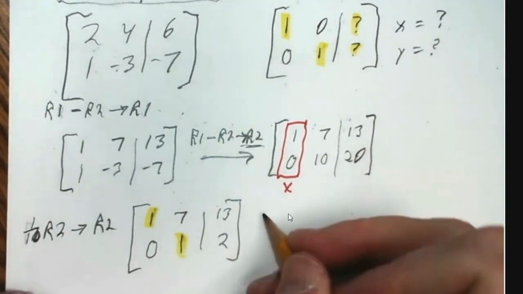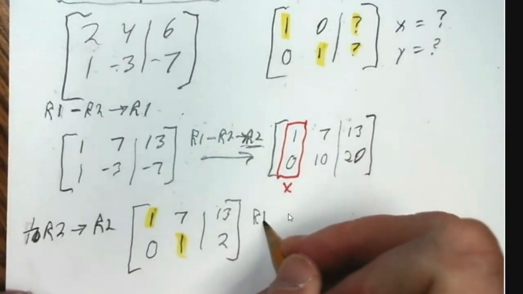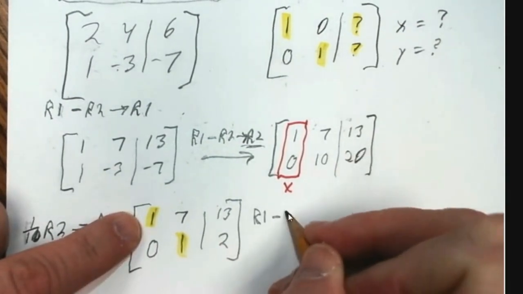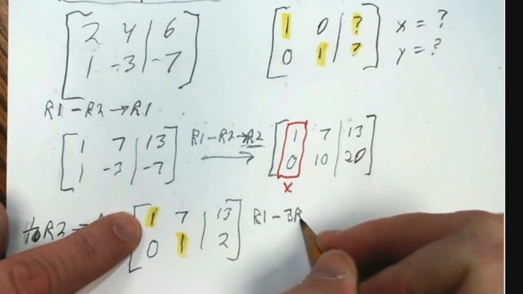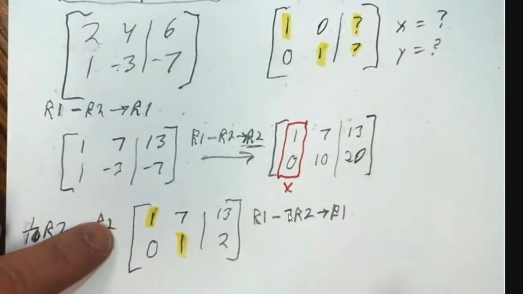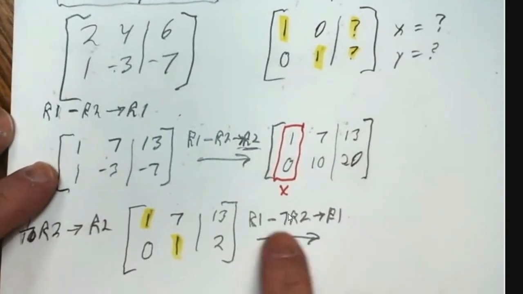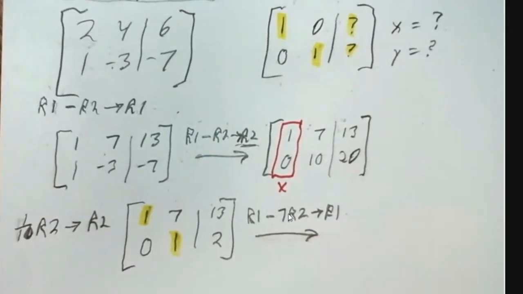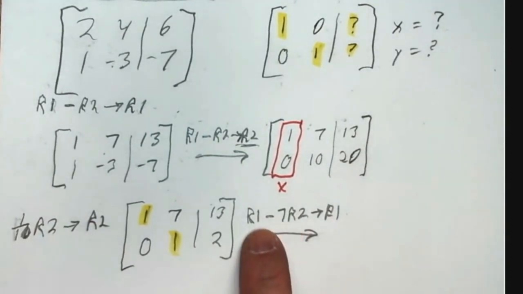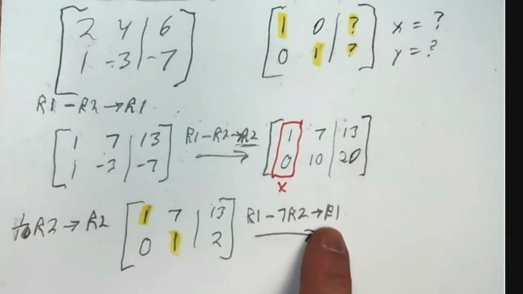So I take row 1 and subtract 7 times row 2 and make that the new row 1. This is like the challenge question we had. We're going to multiply row 2 times 7 and subtract it from row 1, and that'll become the new row 1.